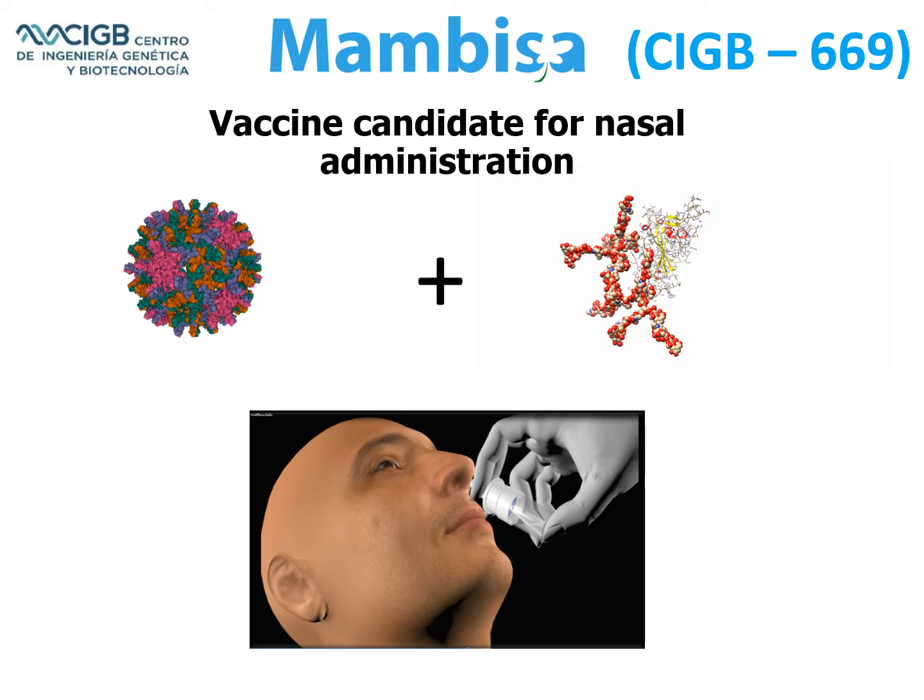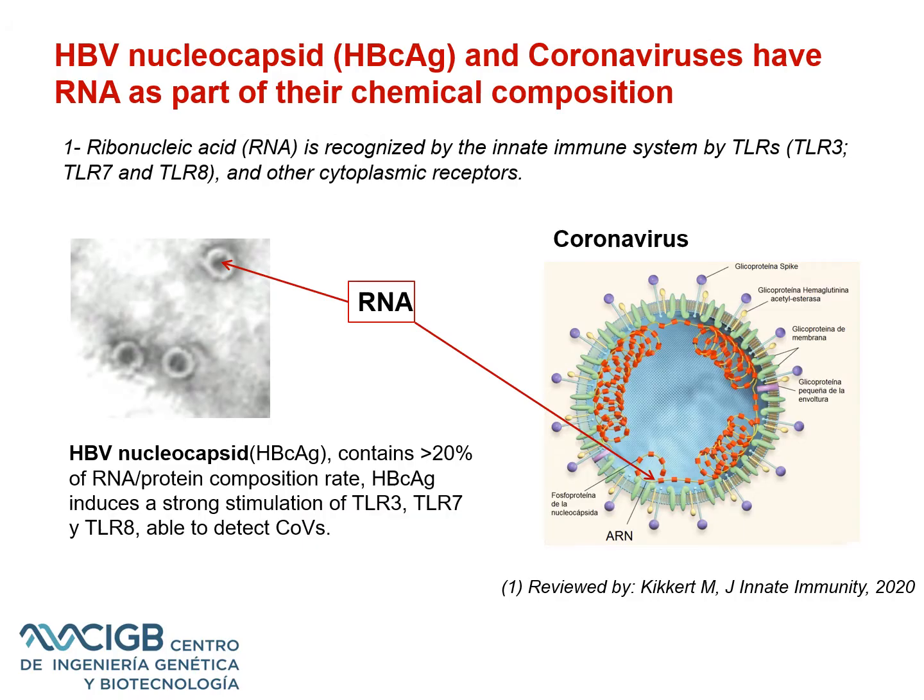In this case, we are using the same nucleocapsid particle from the HeberNasvac vaccine, the previous vaccine that we were showing for potentiation of innate immunity, and this nucleocapsid virus-like particle we are combining with the receptor binding domain expressed in yeast, in Pichia pastoris yeast.